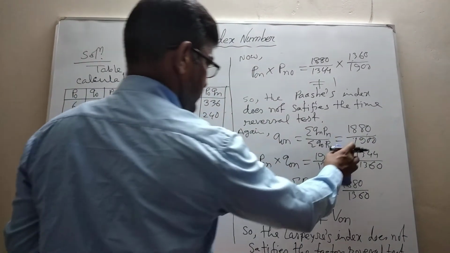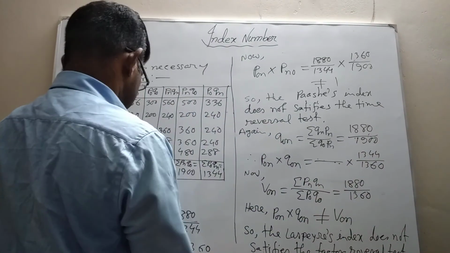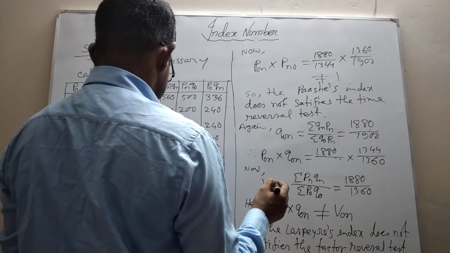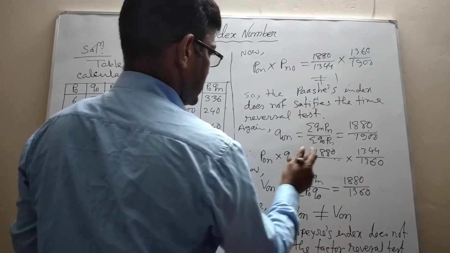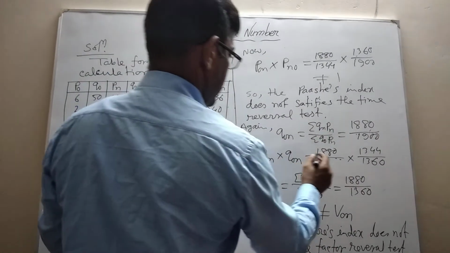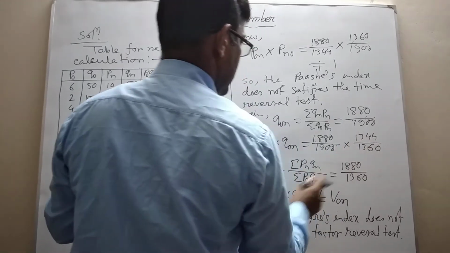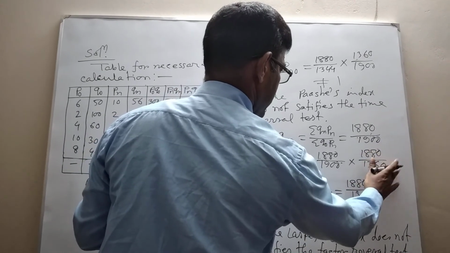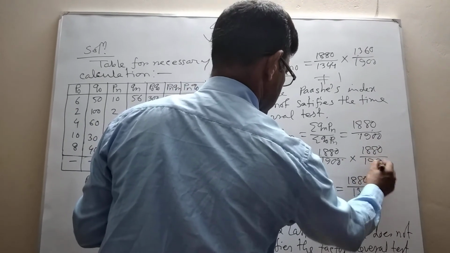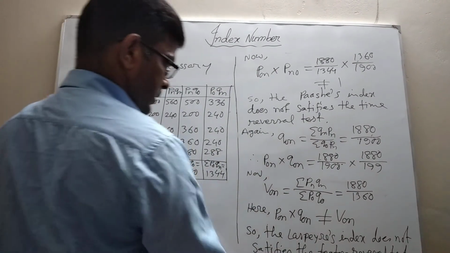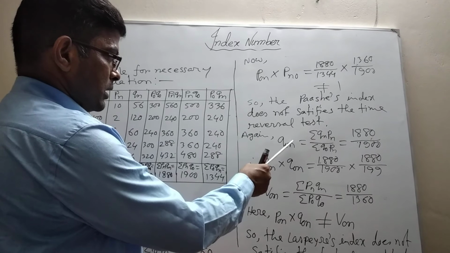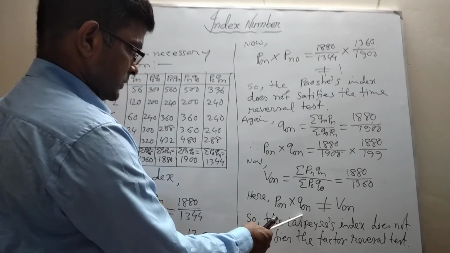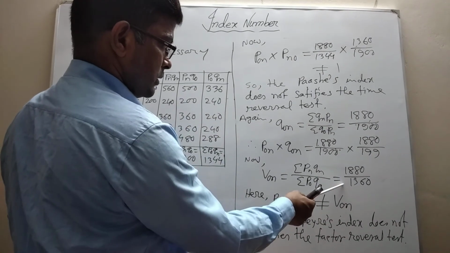Then we can write P1Q1 1880, P1Q0 1900, and 1880 by 1900, and P01 multiplied by Q01 not equal to V01.